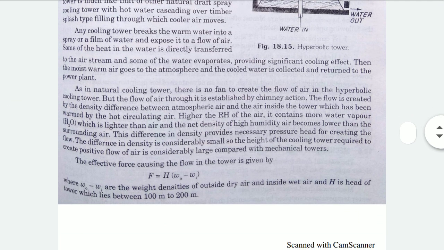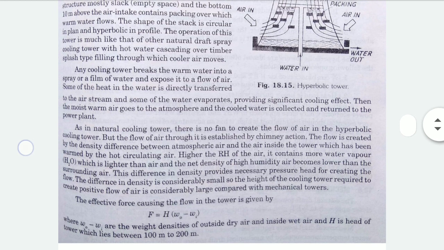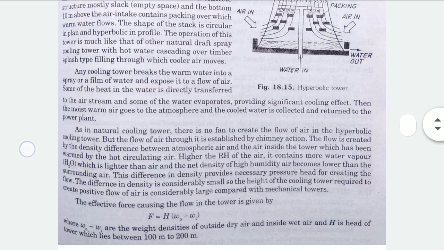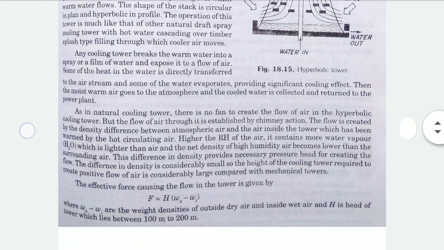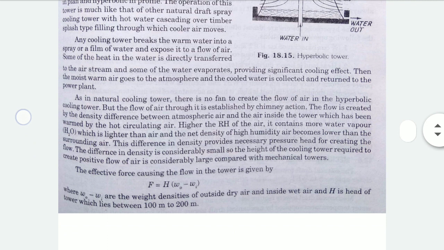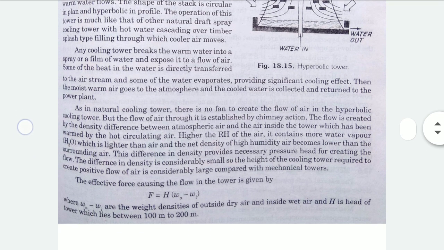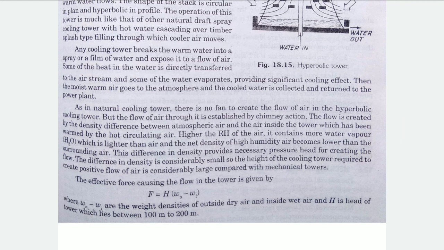Means warming of the air happens here because the air takes temperature from the cooling water. Sprinkled water: the higher the relative humidity of the air, the more water vapor it contains, which is lighter than air, and the net density of the high humidity air becomes lower than that of the surrounding air. This difference provides the necessary pressure head to create the flow.